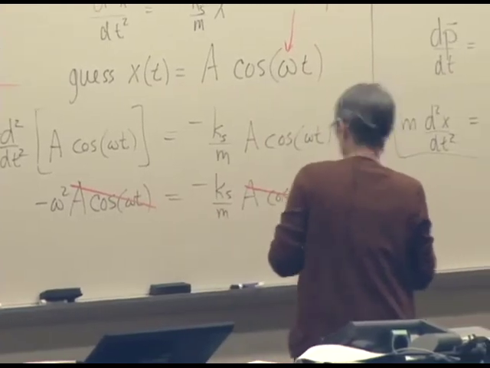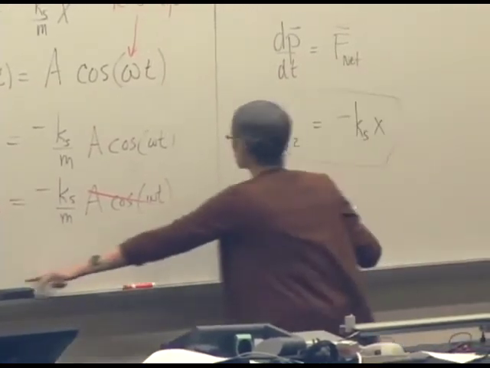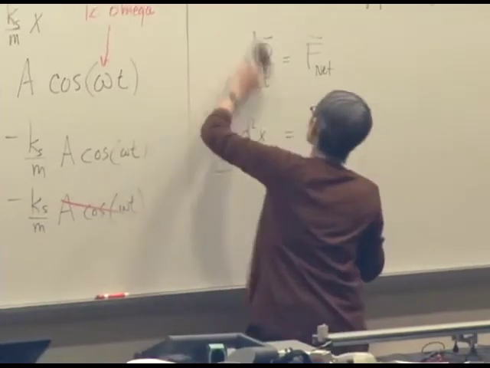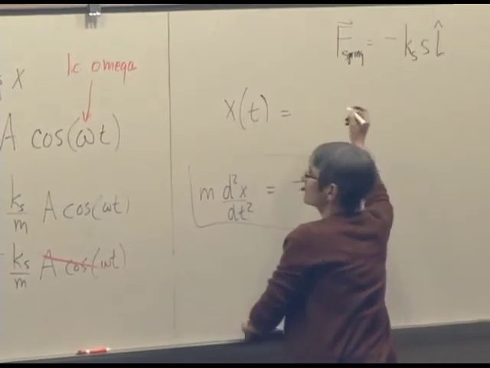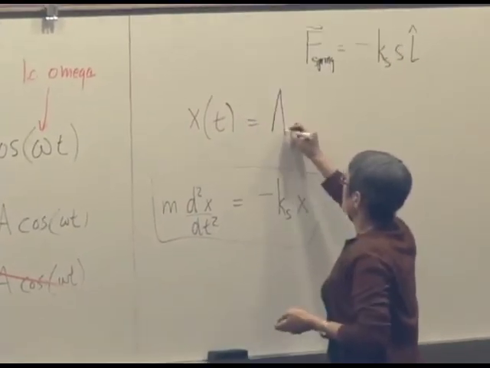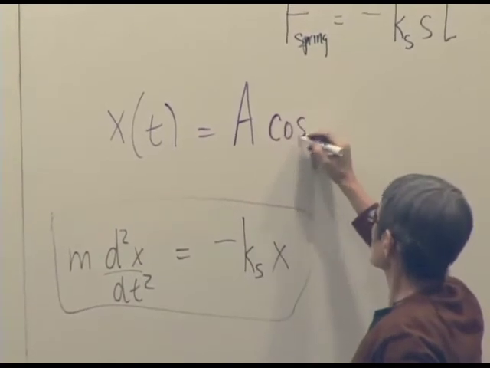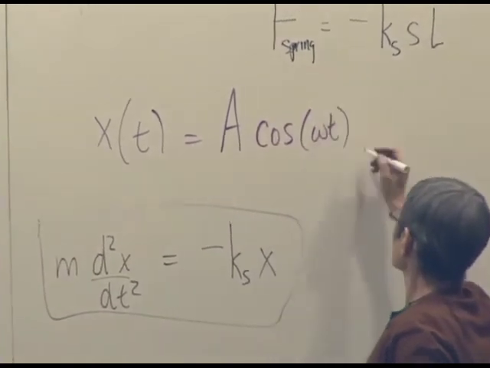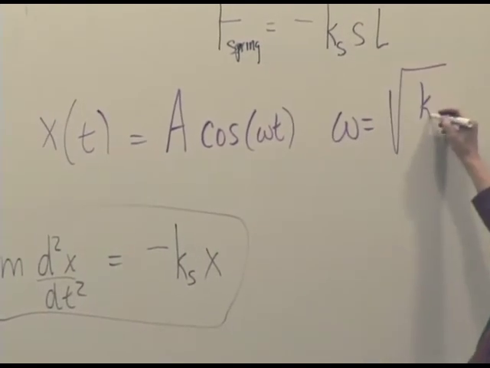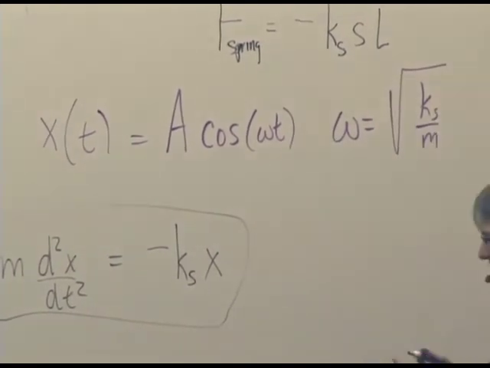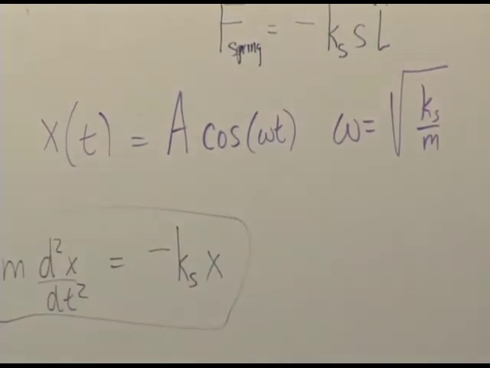So we get x as a function of t is A times the cosine of omega t, where omega is equal to the square root of the spring stiffness over the mass attached to this. So that should allow us to predict position anywhere.